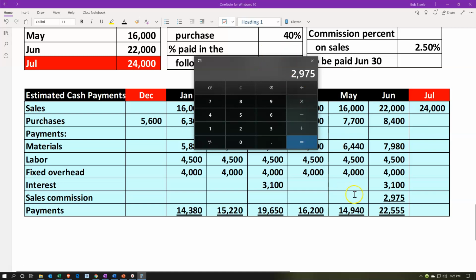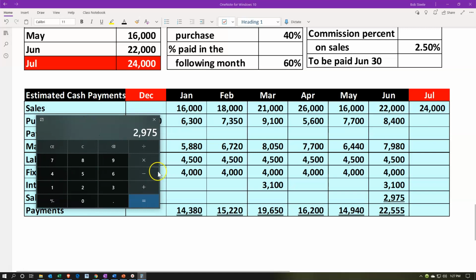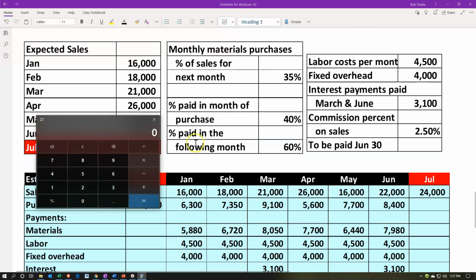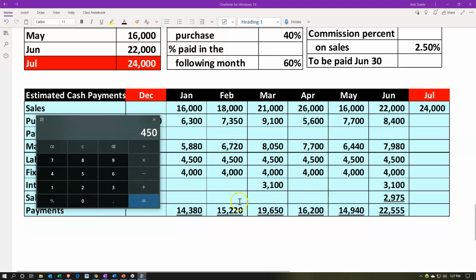Now, once again, if we're paying sales commission in June, it doesn't mean that the sales commission wasn't earned throughout the time period. In January, you would expect to have on the income statement 16,000 times 0.025, $400. February income statement, 18,000 times 0.025, because we would have incurred those expenses on the income statement, even though they had not yet been paid.